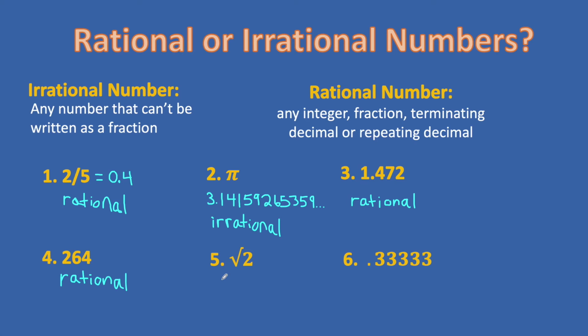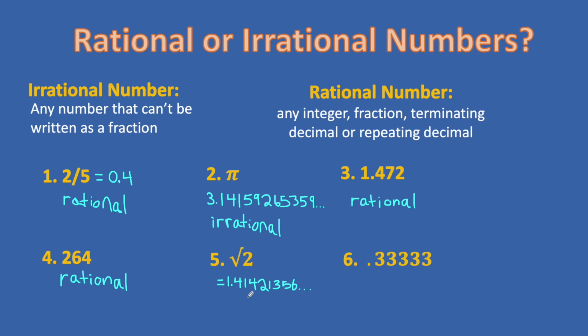We have the square root of 2. The square root of 2 is equal to the decimal 1.4142135 6, and there's some other digits after that.